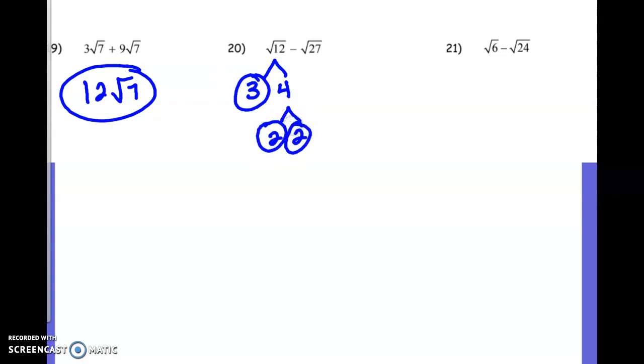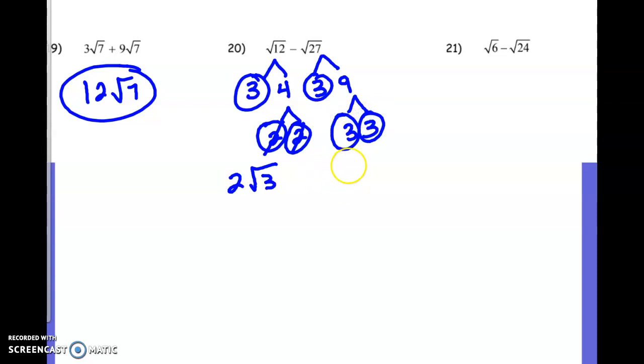So for radical 12, we can write this as pair of 2's, radical 3. And then our 27, we can say this would be 3 times 9, and 3 times 3. So we've got 3 radical 3. So this would be the same as 2 radical 3 minus 3 radical 3. Now we have the same radicand, and we've got 3. So this would be 2 minus 3 is negative 1, or negative radical 3.